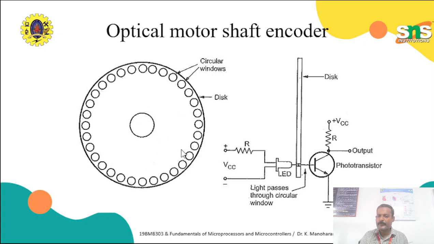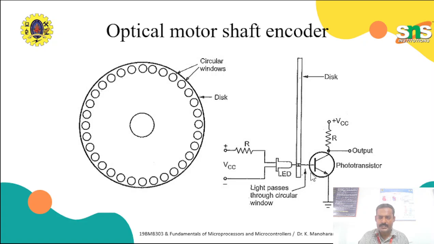Look at how it will be interfaced. We have a resistor connected to the LED, and that is connected to the supply voltage of 5 volts. Once you turn this on, the light will be emitted. Here we have a transistor whose base has no connection, so this is a phototransistor, as in the previous examples.